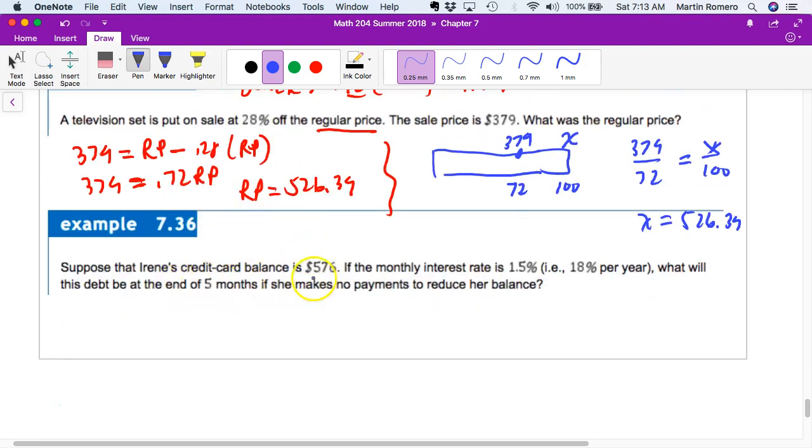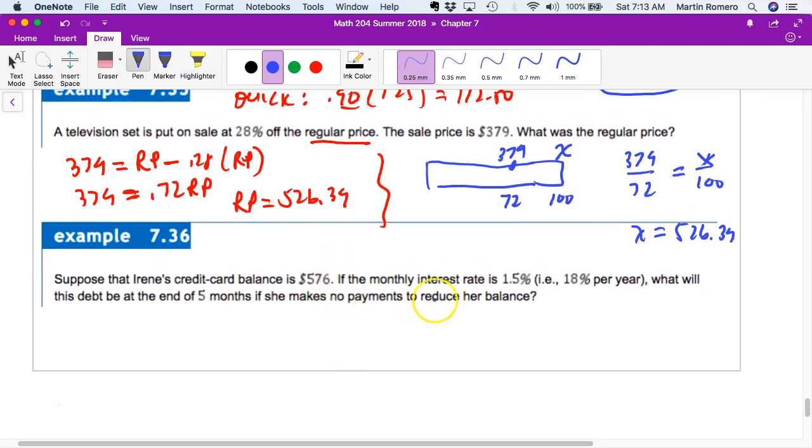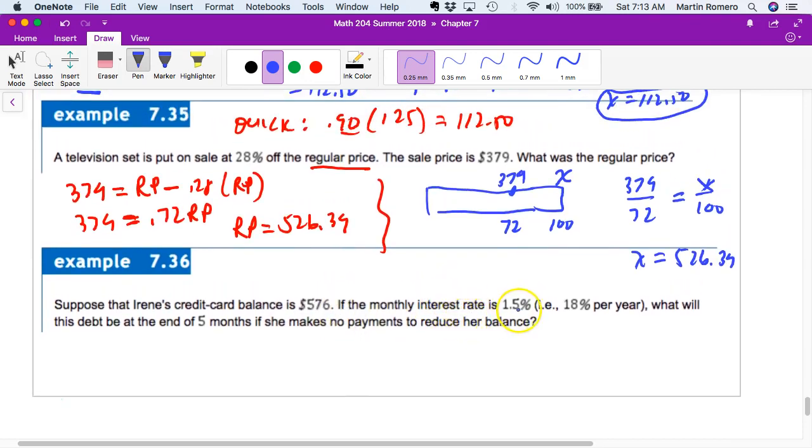Suppose that Irene's credit balance is $576. If the monthly interest rate is 1.5%, or 18% a year, what will the debt be at the end of 5 months if she makes no payments to her balance? So to solve this, we're going to use kind of a creative way to think about this.